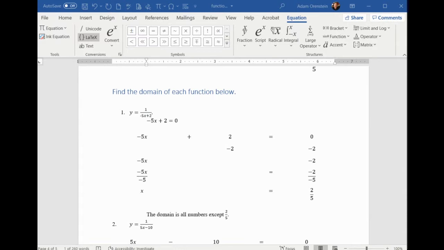We subtract 2 from each side, and negative 5x is negative 2. Then we divide both sides by negative 5, and we get x equals 2 over 5. Let me stop here anyway. So the domain is everything except 2/5.